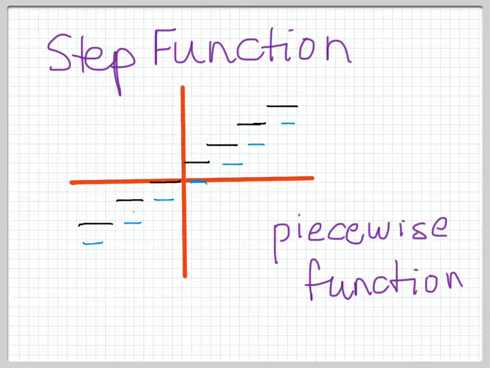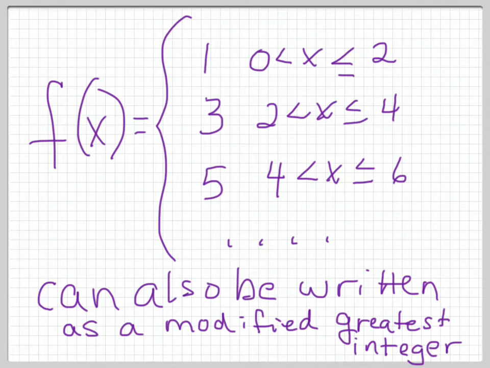You will not be asked to know the floor and the ceiling function, but I wanted to make you aware of them, so in case it refers to that on the ACT or some other standardized test, you would know what a floor and a ceiling function was. Algebraically, for a step function, you would list out all the pieces from negative infinity to positive infinity.